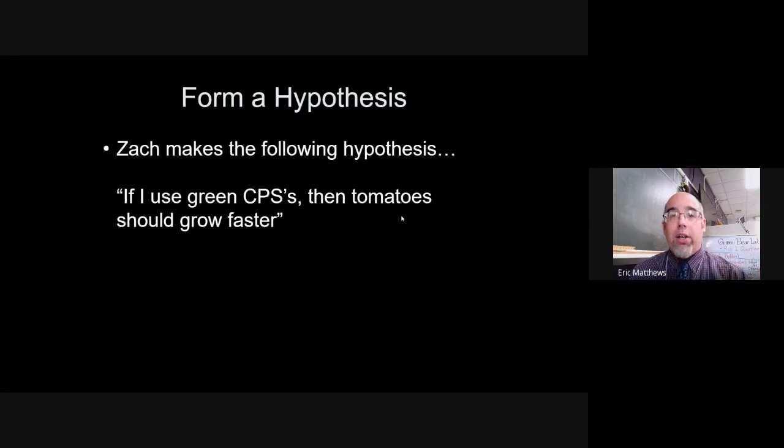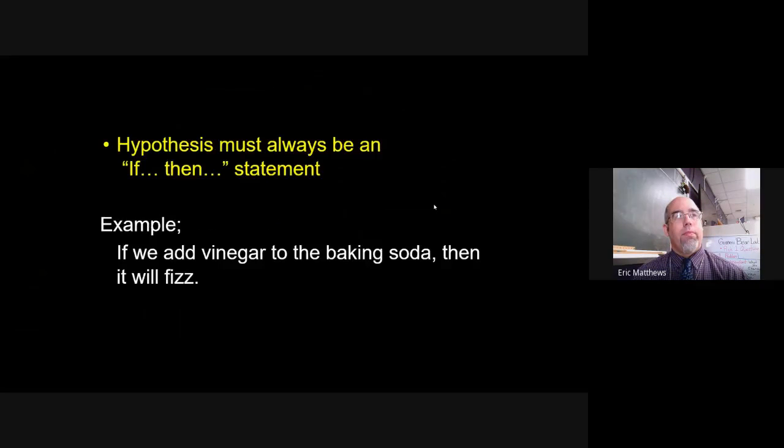A clear, good hypothesis: what's changing and what he expects to happen. Remember, a hypothesis always should be that if-then statement, specifically what we're doing and what we then expect to happen. Never a general, never something simple. It always has to be specific.